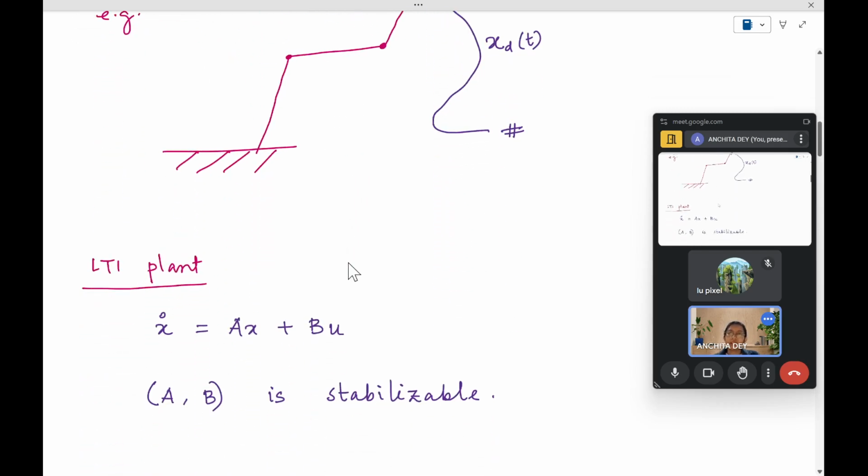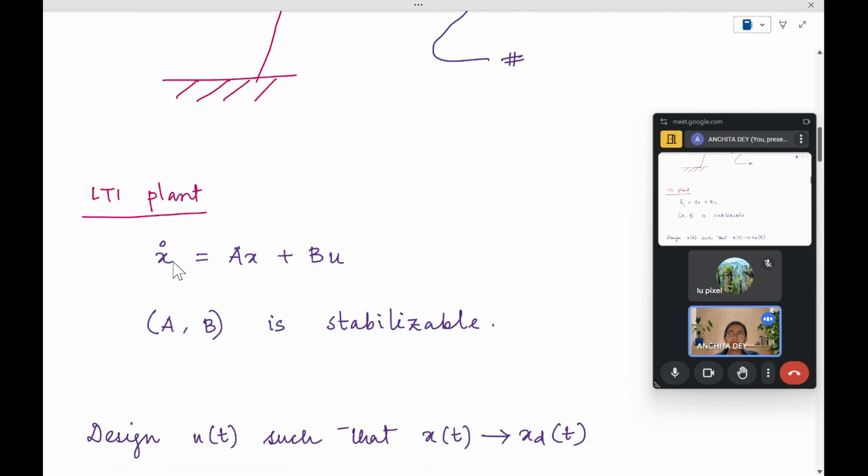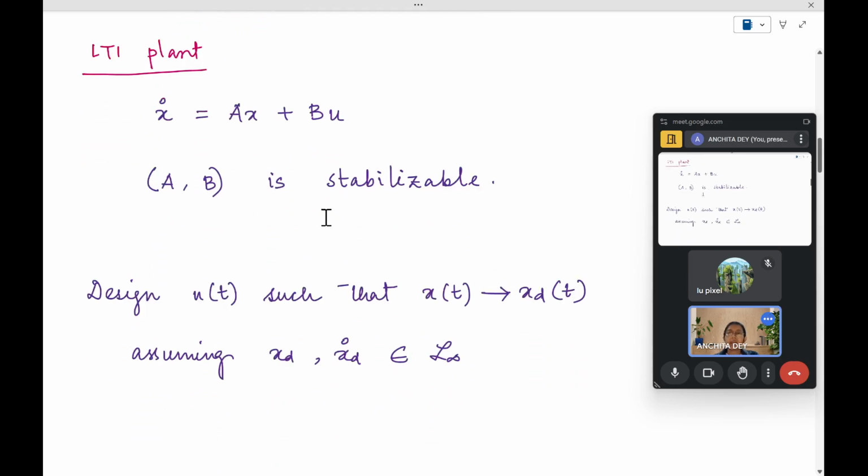And you want it to track this very signal that has been given to this manipulator system. So for the simple case of LTI plants, we can consider this plant x dot equal to ax plus bu, and here (A, B) is assumed to be stabilizable.